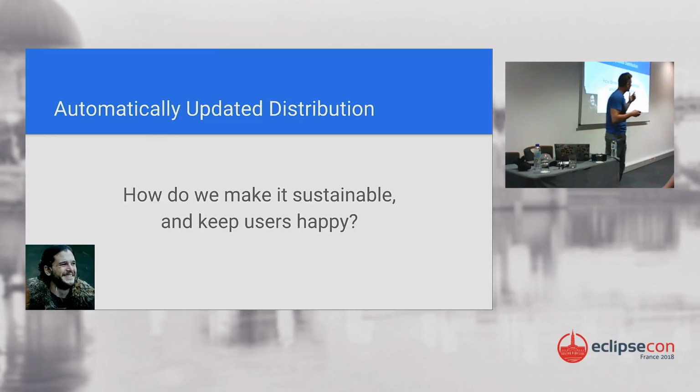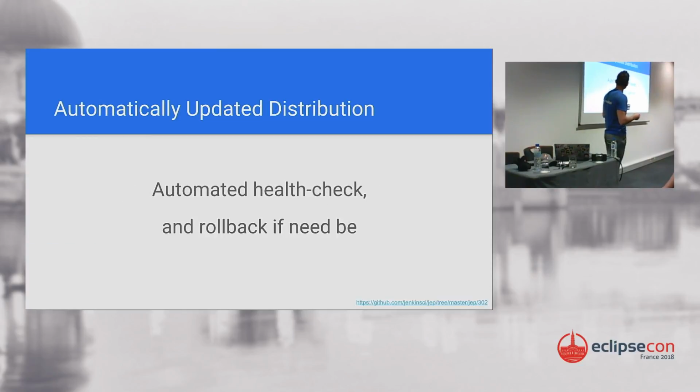So we ended up using a fairly usual way of doing things today: locally, using some form of automated health check. Basically, Jenkins is going to be installed and regularly updated.